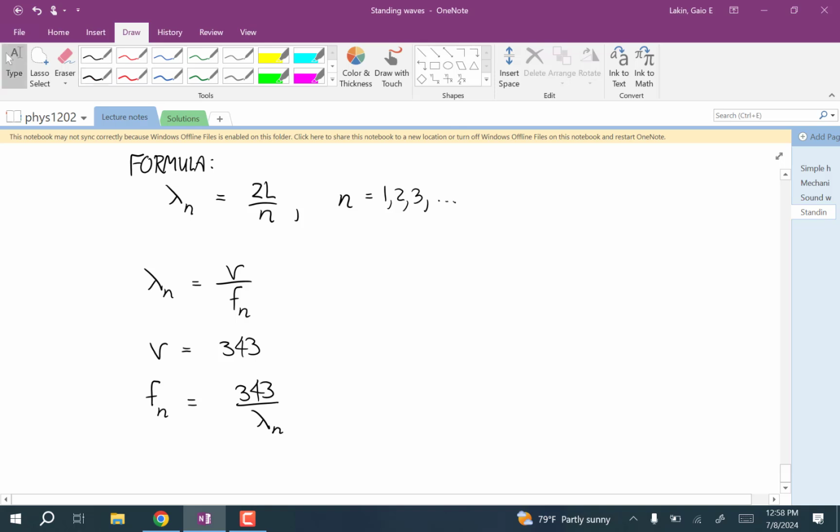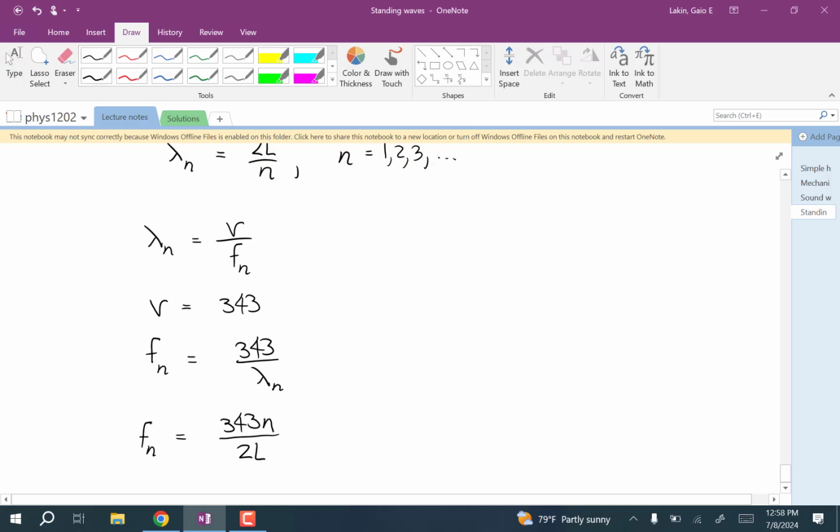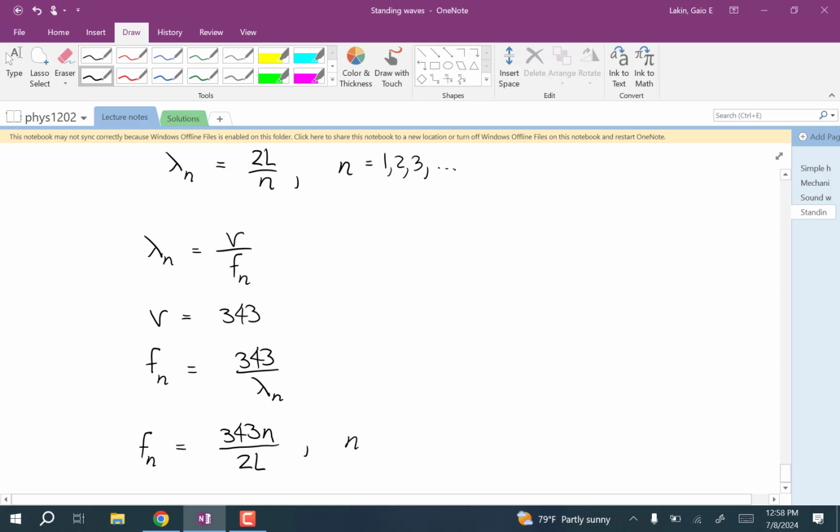Now substitute in our formula for the nth wavelength, and you get Fn is equal to 343n divided by 2L. And this is for n equals 1, 2, 3.